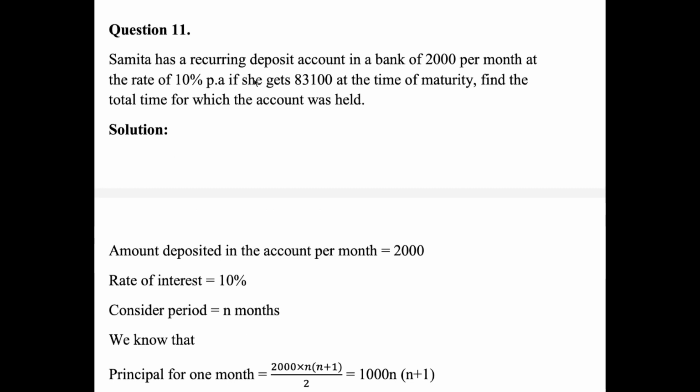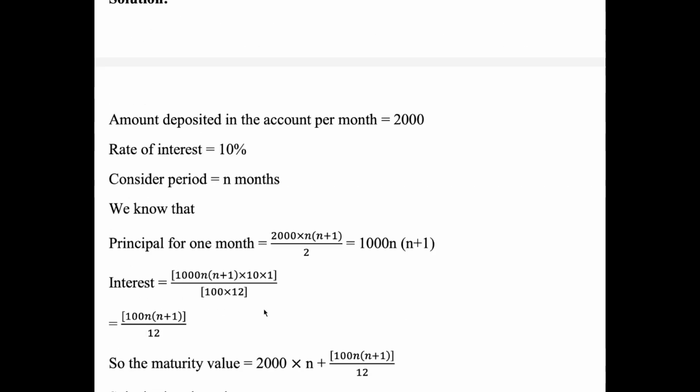Samita has a recurring deposit account in a bank, rupees 2000 per month at the rate of 10% per annum. If he gets 83,100 at the time of maturity, find the total time for which the account was held. Here 2000 per month is given, rate of interest 10% is given, and how many months is not given over there.